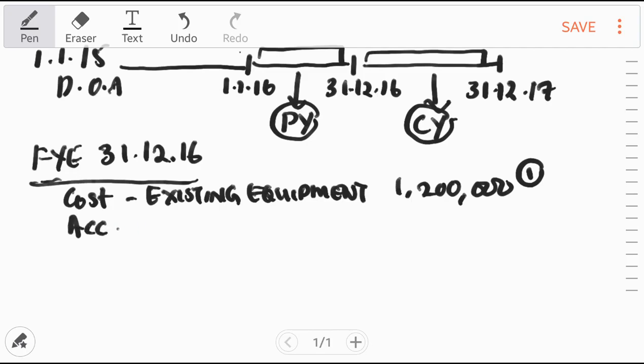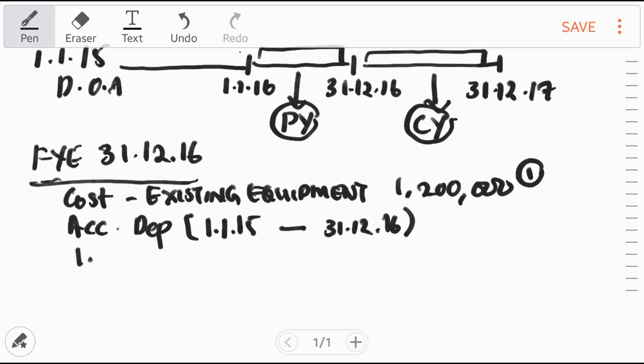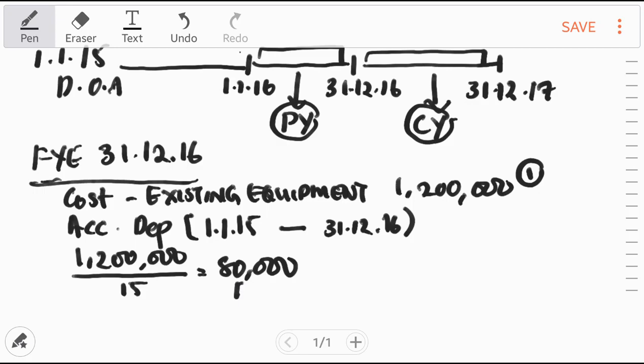And then your accumulated depreciation. The accumulated depreciation is from the day you acquire, 1st of January 15, up till 31st of December 16. So you will have to calculate, but before that, you take 1.2 million divided by 15. If you just take this, you'll get 80,000. This 80,000 is just a yearly depreciation.